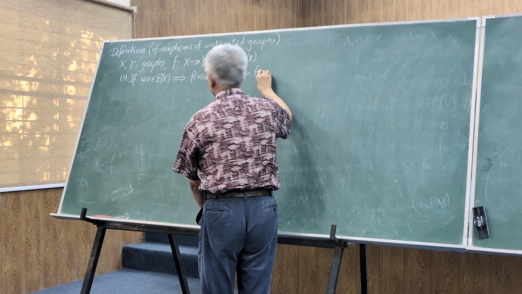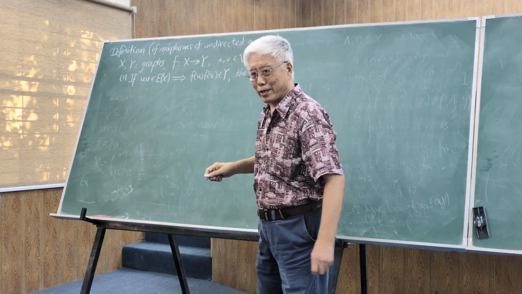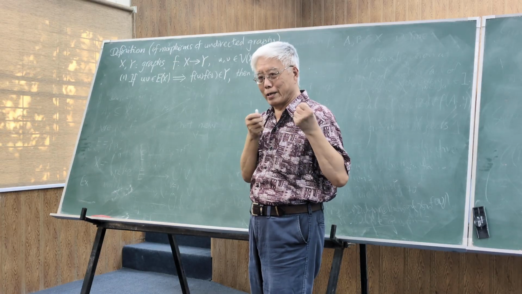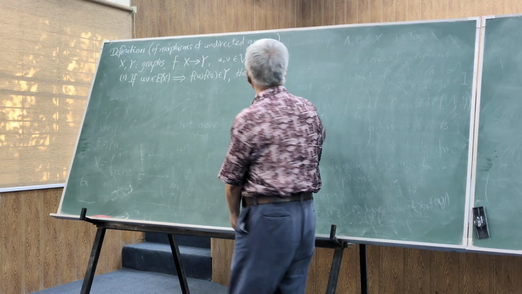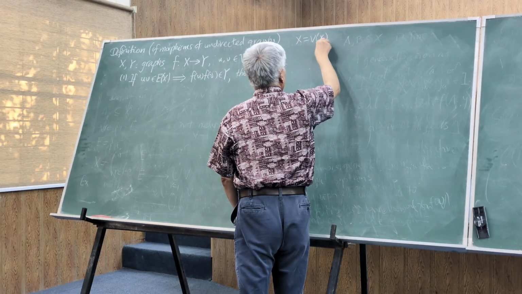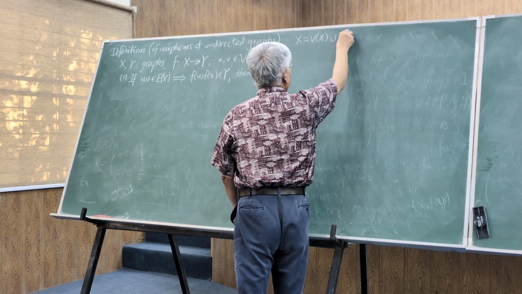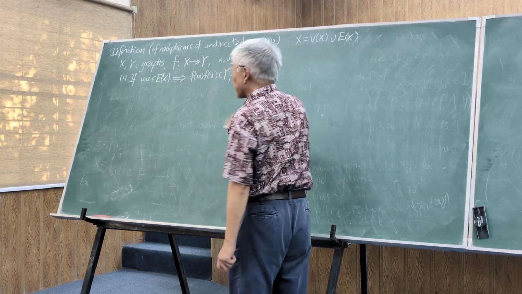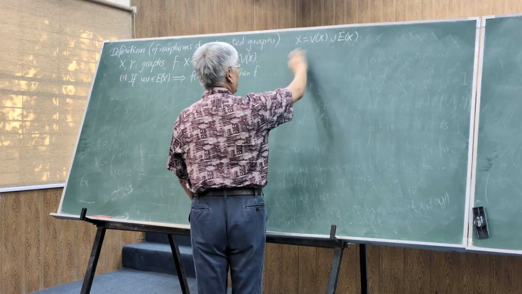You mean edge of y? No, just y. Y is the union of vertex set Vy and edge set Ey. That's why. X is equal to Vx union Ex, even with x being a mapping. That's no confusion there.